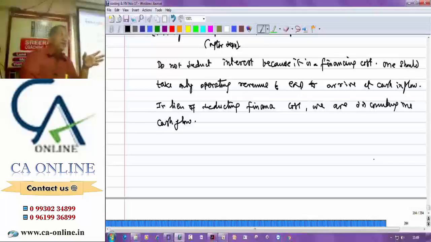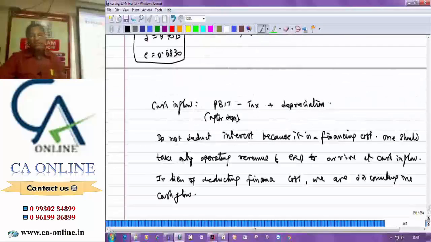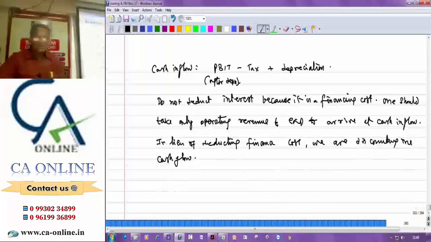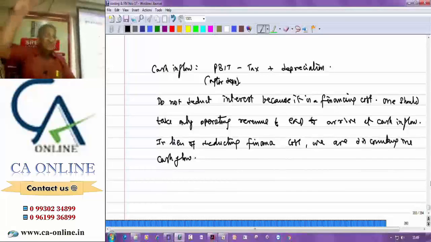On PBT, where you have already deducted interest, if you deduct interest once again it is double counting. Are you understanding, all of you? This is one basic thing that you should remember always. So, what is cash inflow? Profit before interest and taxation minus taxation plus depreciation added back. Do not deduct interest because discounting will take care of interest computation. That is the point we are trying to say.